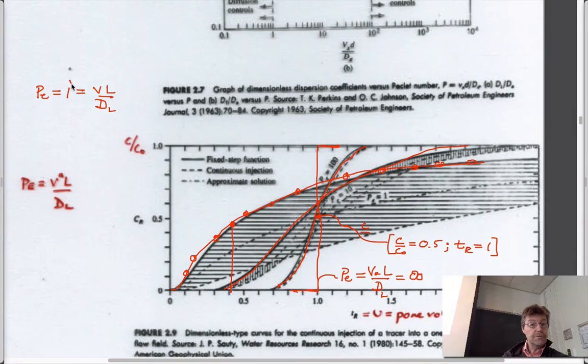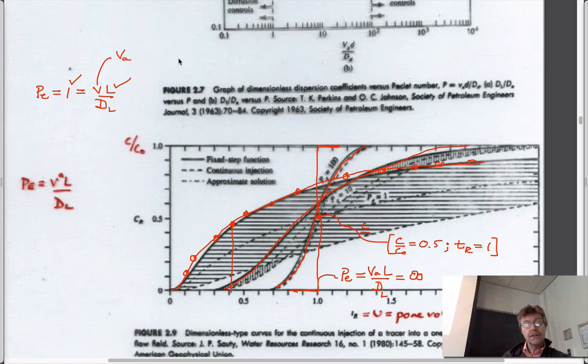And so your measurements show where it lies. You know the length of the core, and if you know the advective velocity, just by measuring, I suppose you could measure, how would you do it? Well, you do it just from Darcy's law, but I suppose you could also do it from just the number of pore volumes.